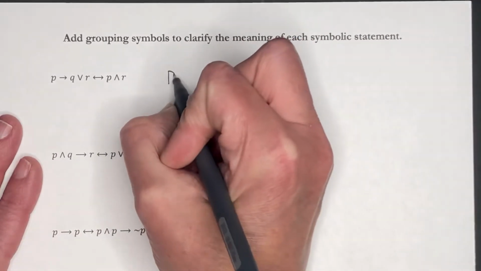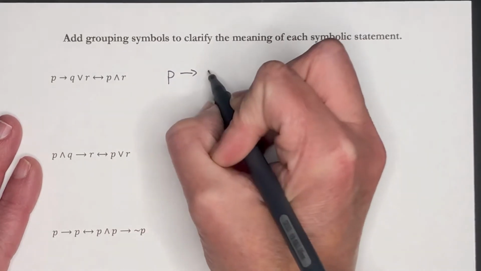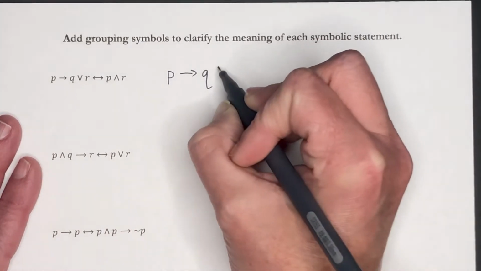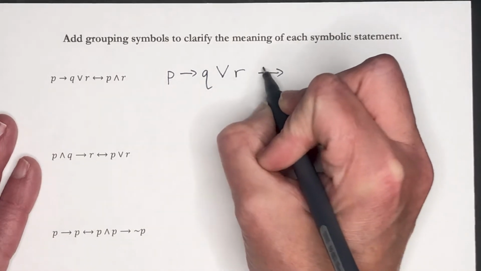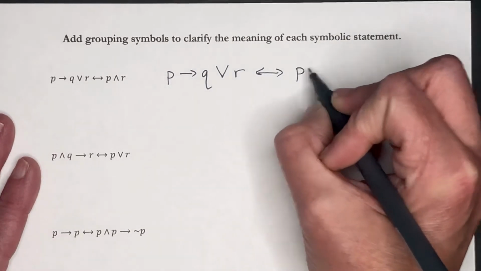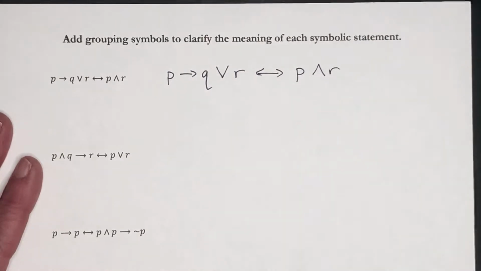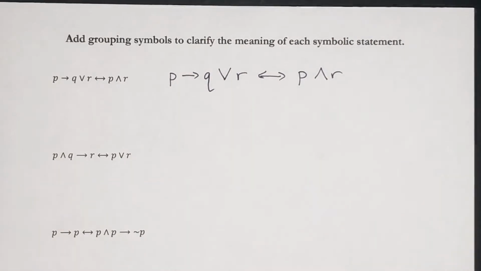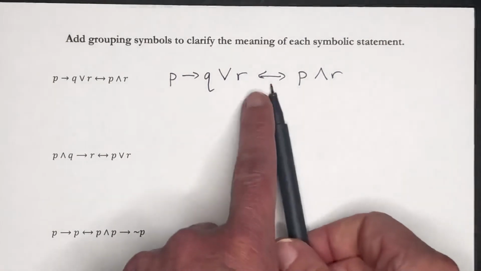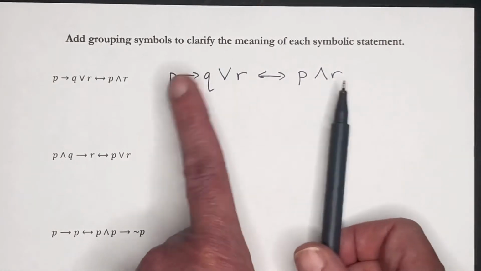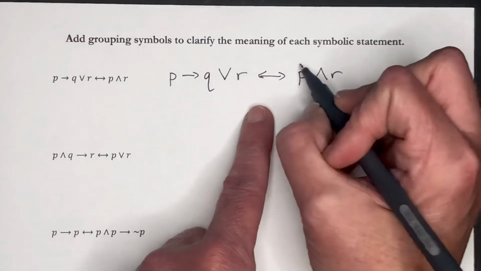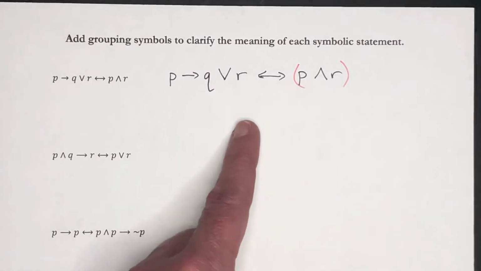So I'm just going to rewrite this with a lot of space in here to add symbols. Okay. Now what I know is that this is my most dominant connective. So whatever's on either side of it needs to go in parentheses together. So I'm going to put parentheses here.